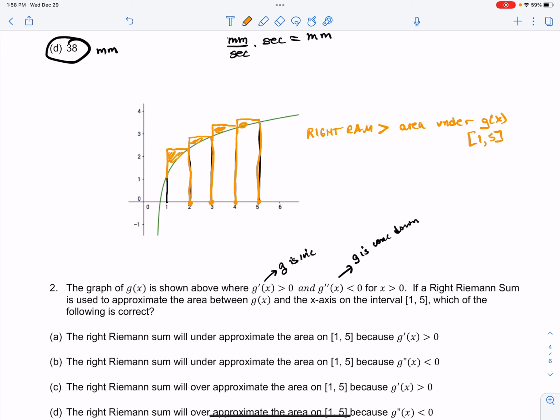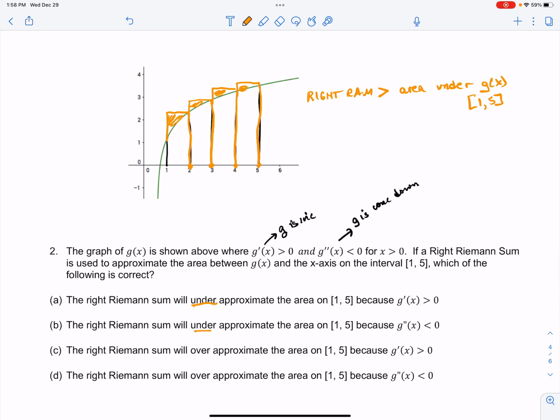So it's not this, and it can't be this either. It's not under, it's over. So which one of these is correct, C or D? The right sum will always over-approximate the area because the first derivative is greater than 0, meaning that g is increasing. All right, that's possible.